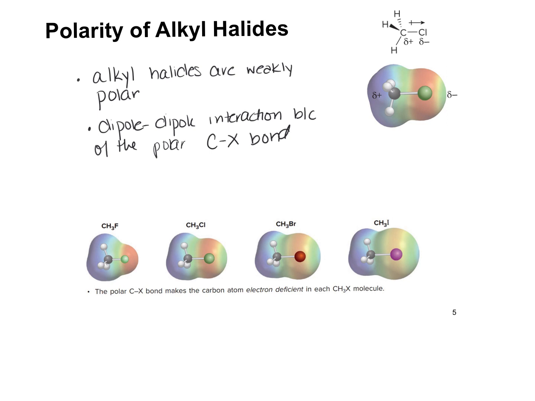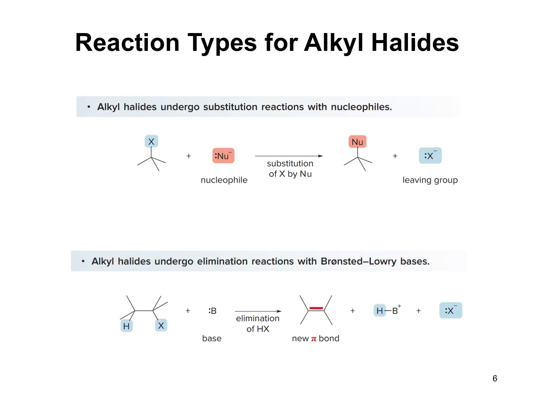So let's talk about what kinds of reactions alkyl halides will participate in. The 2 biggies are substitution and elimination that we're going to look at. And in this chapter, we are really going to look at substitution reactions. Now, I want to remind you, just refresh your memory about substitution and elimination reactions.